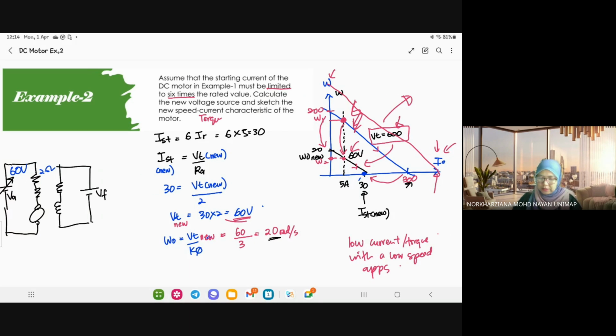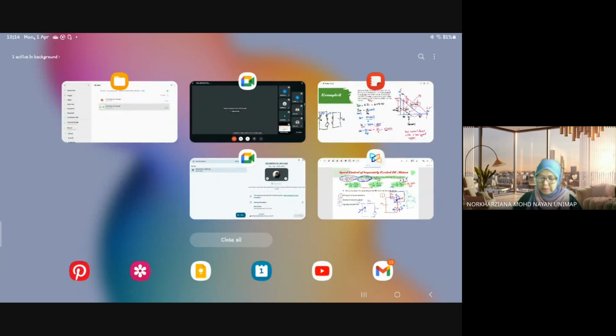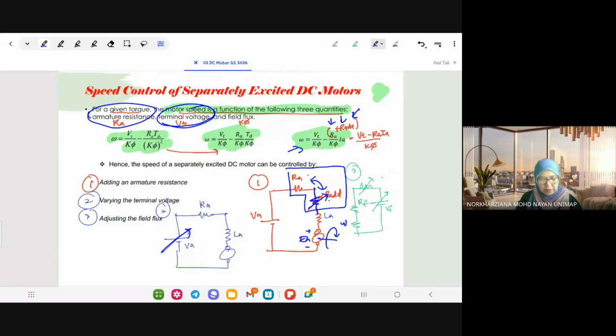Okay, next, let's see, another method of speed control is by adjusting the field flux. So the field flux nanti kita akan tengok contoh later. Usually untuk field flux kita akan adjust by adding or adjusting this RF. You might have an adjustable field resistance, or you might also adjust the VF.